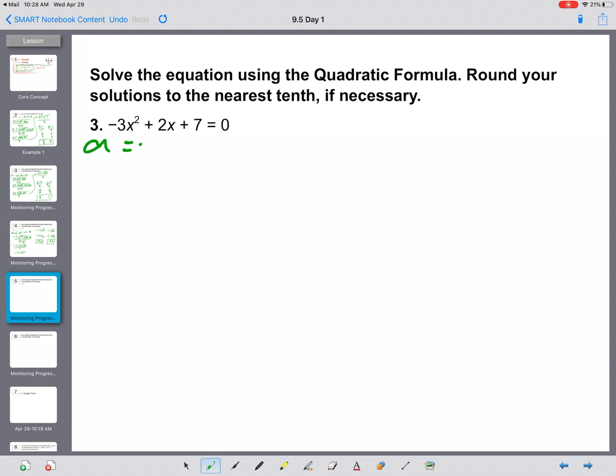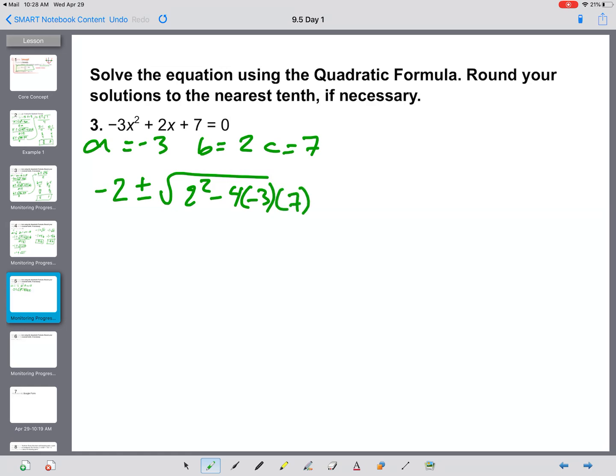Again, A is negative 3, B is 2, C is 7. So I'm going to start with negative 2 plus or minus B squared, so 2 squared minus 4 times A times C, all over 2 times A. So I get negative 2 plus or minus 4, and then 4 times 3 times 7.